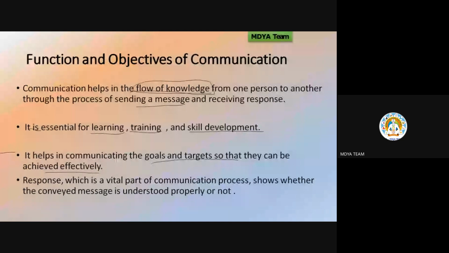The response, which is a vital part of the communication process, shows whether the conveyed message is understood properly or not. Once you get the feedback, you know whether the receiver has received the message properly or not. And that's the thing about effective communication.